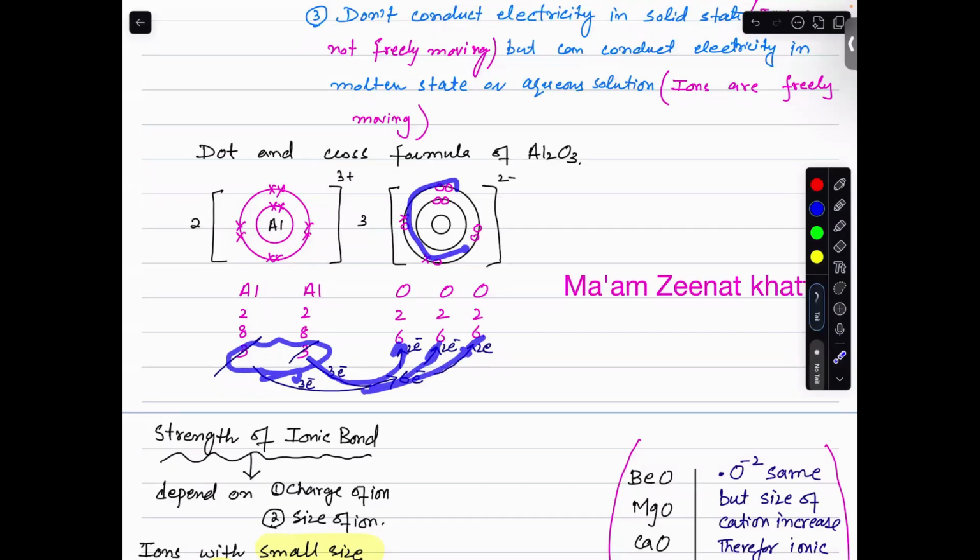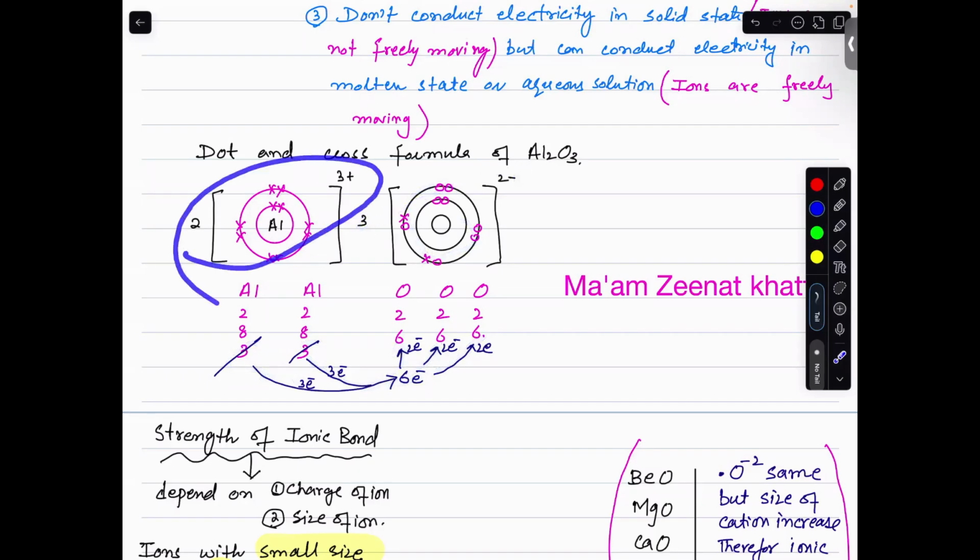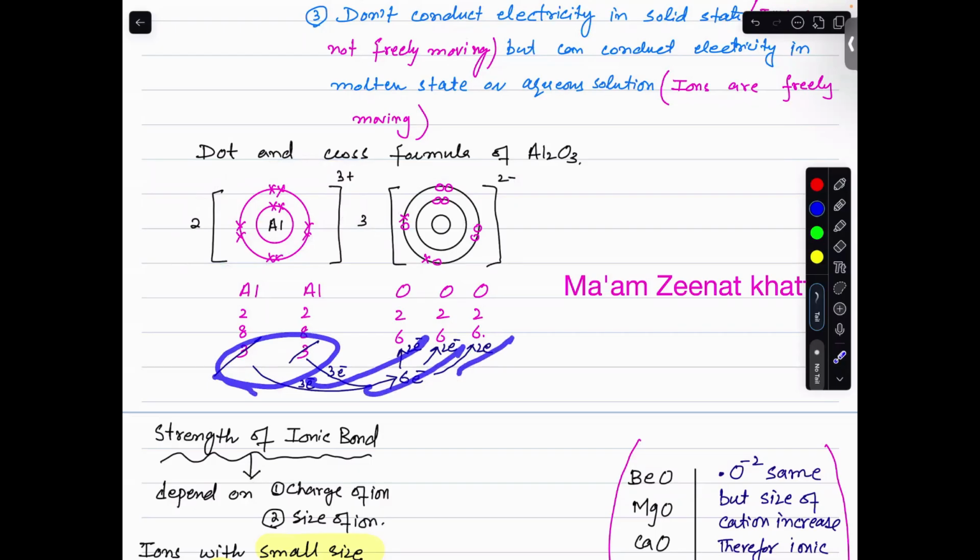The last shell is now complete. So 3 oxygen and 2 aluminium: they both lose 6, they all gain 6. Clear?